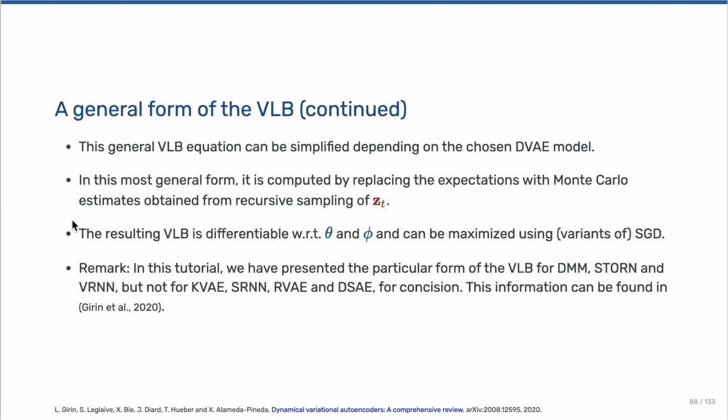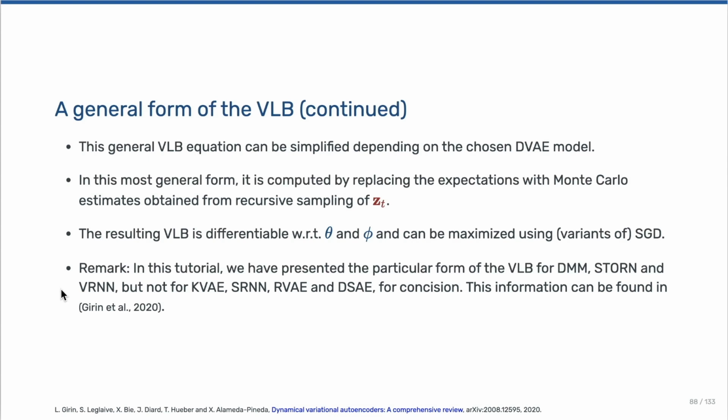And in fact, in the previous slides, we have already seen the result for DKF, DMM, STORN, and VRNN. In its most general form, it is computed by replacing the expectations with Monte Carlo estimates obtained from recursive sampling of z_t. The resulting VLB is differentiable with respect to all neural network parameters and can be maximized using stochastic gradient descent techniques.